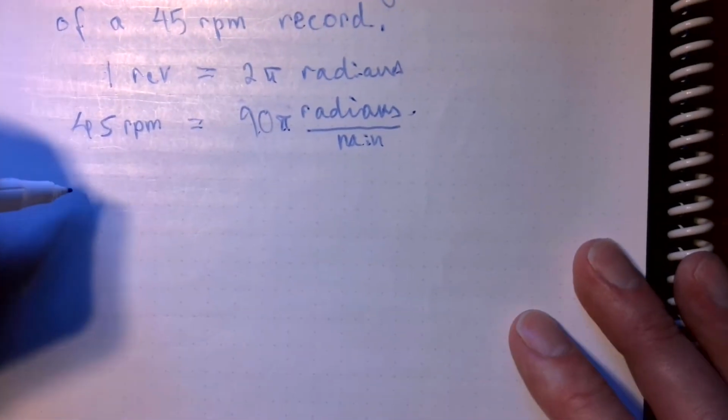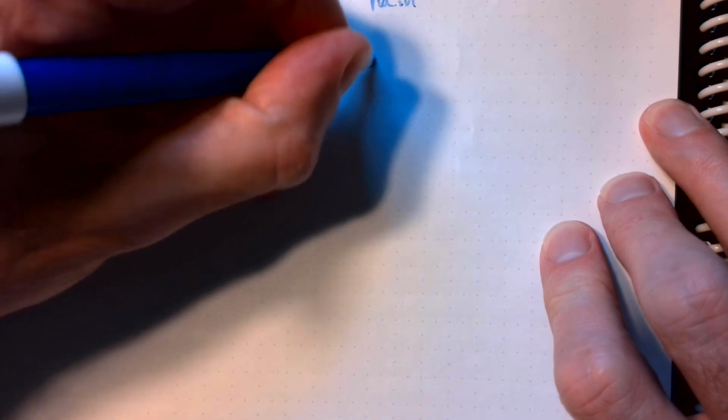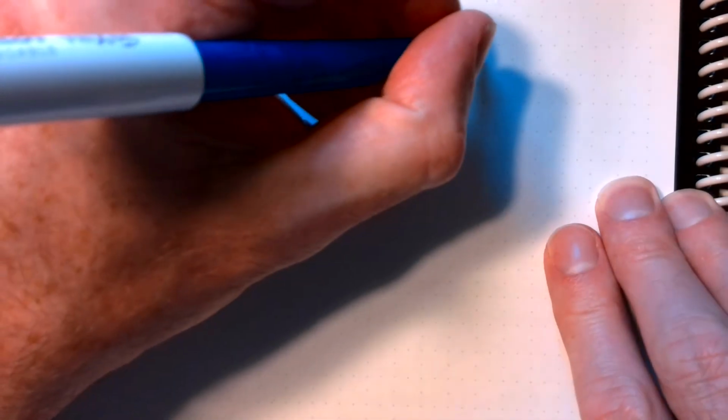Okay, if we go back to our work with arc length, we remember that the length of the intercepted arc is equal to r times theta.